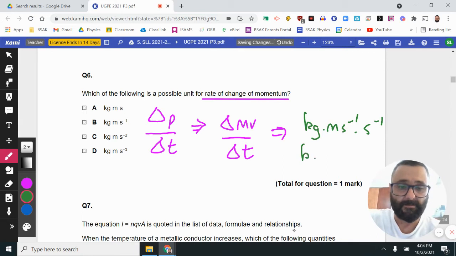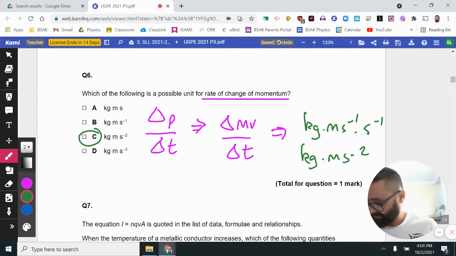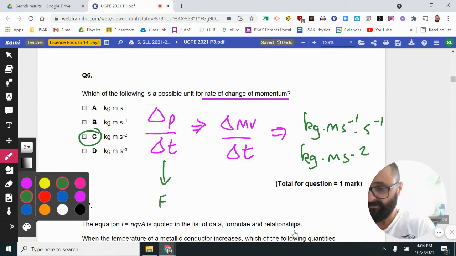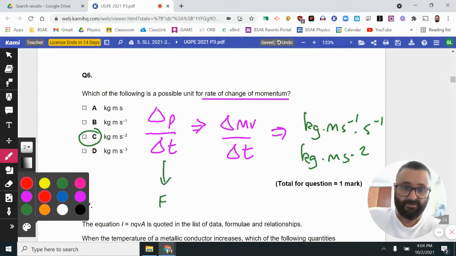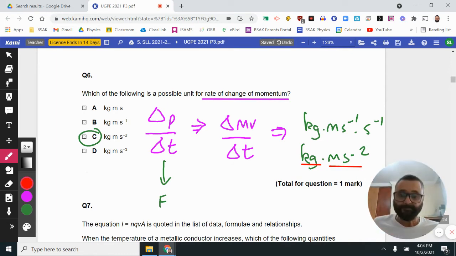So that's kilograms meters per second squared, kg m s^-2. That's going to be C, isn't it? Remember I said that that's equal to force before? Well, force also equals mass times acceleration, doesn't it?